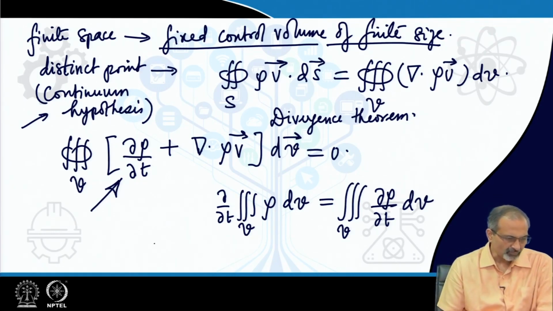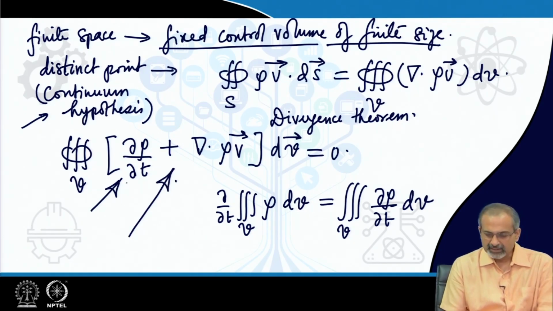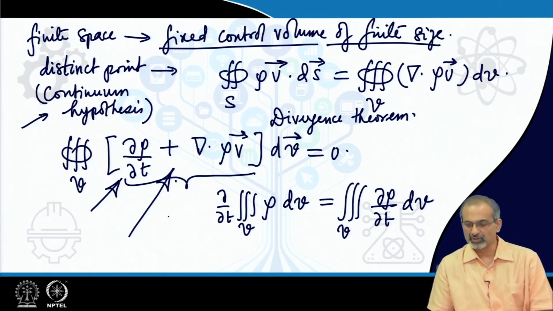So, finally, for this equation to remain valid, the bracketed expression should be 0 identically at each portion of the control volume, without which you will not be able to reach a 0.